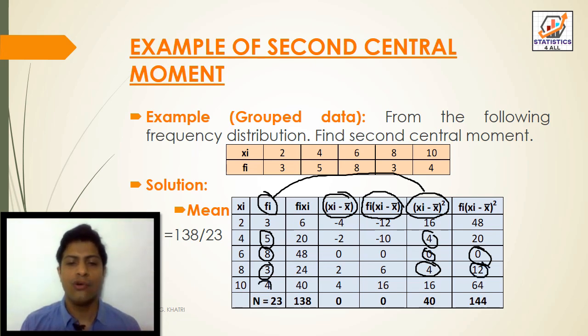And 4 into 16 is 64. After finding this, we have to find the total of fi into (xi minus x bar) whole square, and we get the value 144.